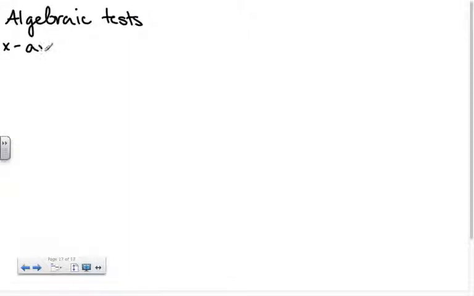For the x-axis, I plug negative y for y and get the same equation.